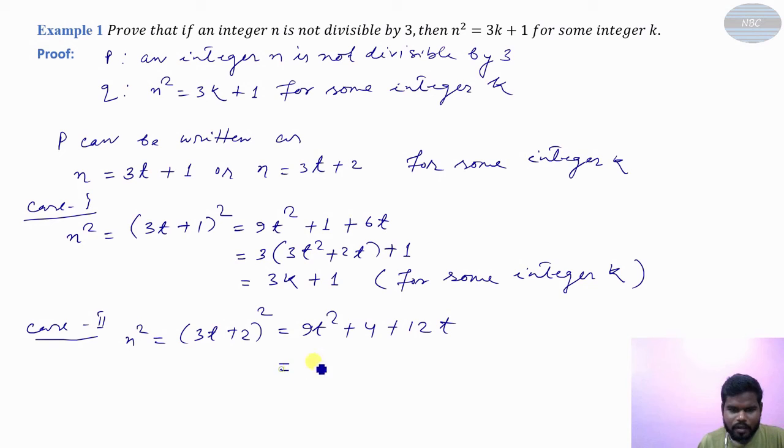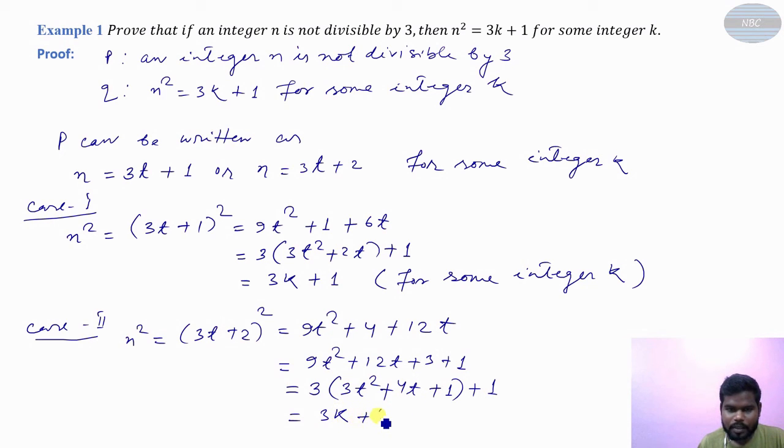So it can be written as 9t square plus 12t plus 4, and this 4 can be written as 3 plus 1. Now take 3 common: 3 times 3t square plus 4t plus 1, plus 1. Instead of this we can write 3k plus 1 for some integer k.